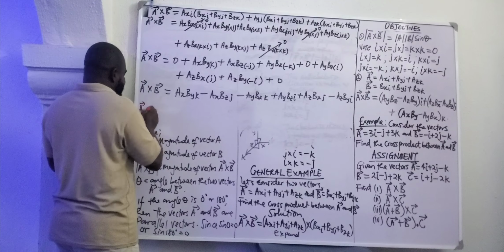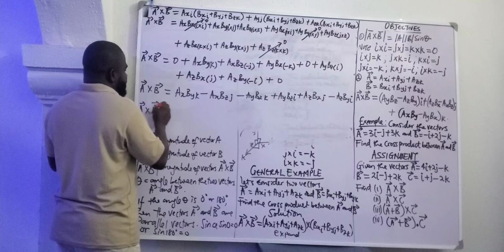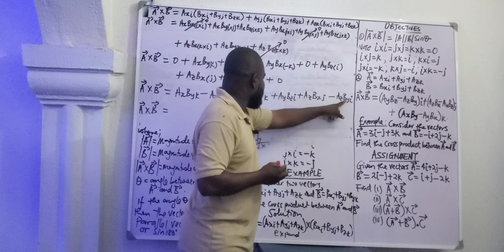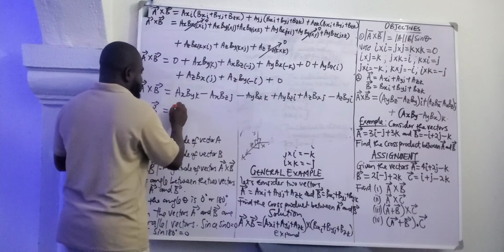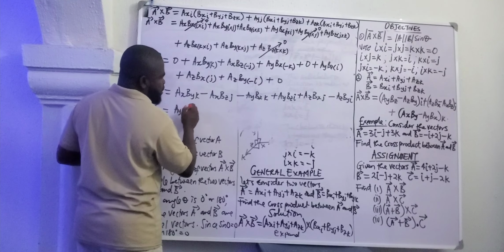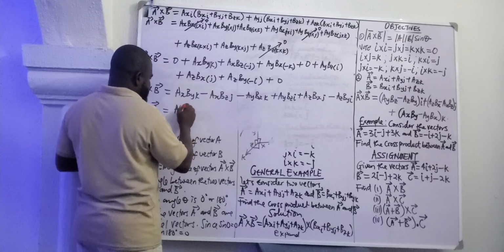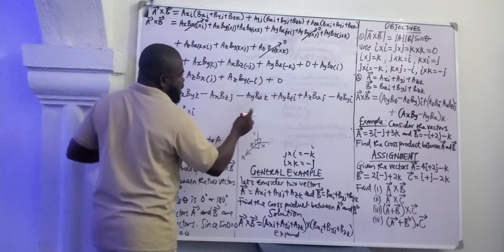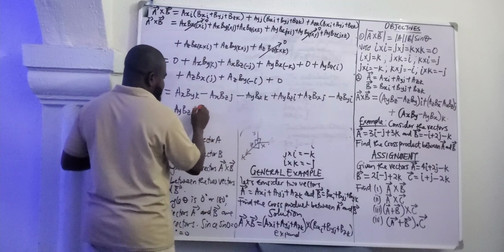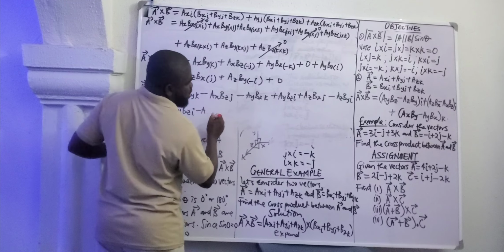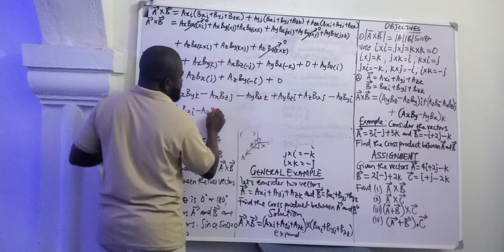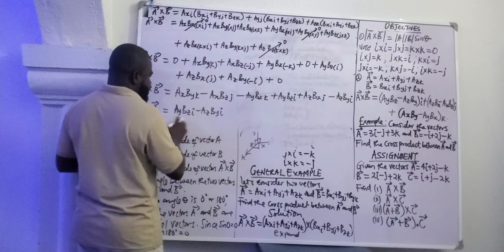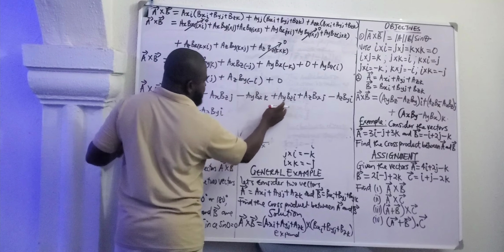So I have vector a cross b equals, where are the i's? I have this, so I have ay bz i. And then I have this minus az by i. So I'm rearranging. I follow by j.